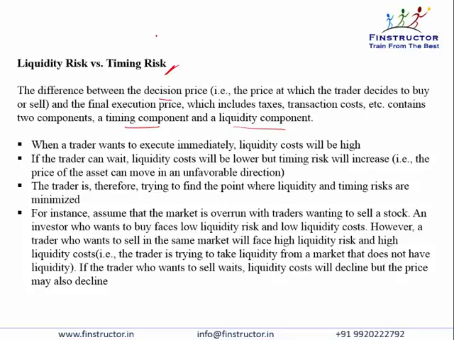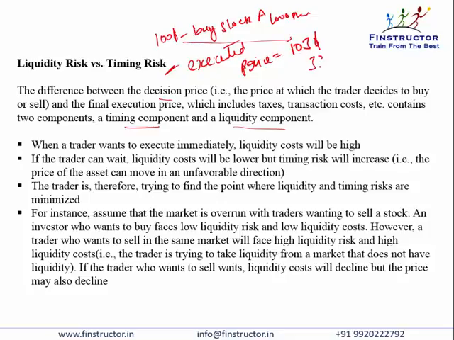So let's say I decide at $100 that I want to buy stock A, but by the time the order gets executed, the executed price of, let's say, 1,000 shares of stock A comes out to be $103. So there's a $3 gap between the price at which I decided to buy and the price at which I actually bought.